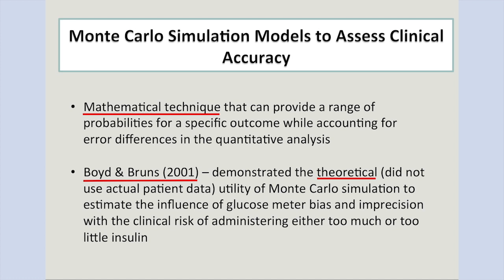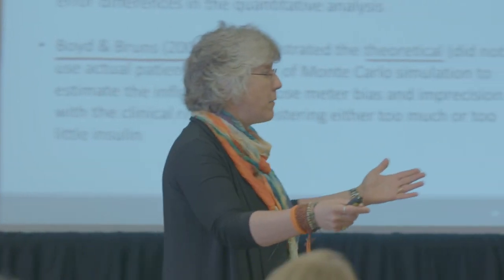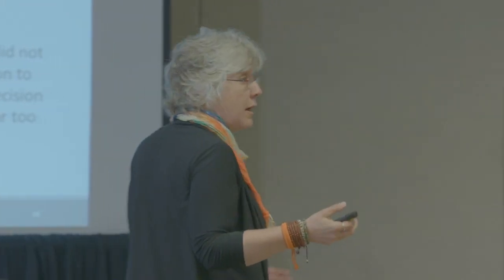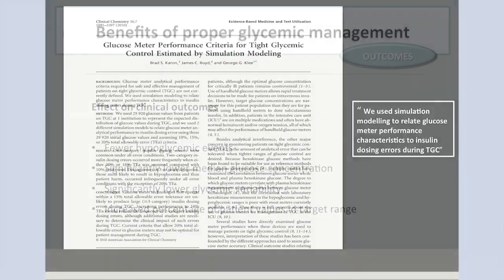What they were looking at was, if I have a glucose meter that has so much bias and so much imprecision, what is its effect on giving too much or too little insulin? Really important stuff, because that's where the rubber hits the road. If I'm giving too much insulin, my goodness, my hypoglycemic rates, I could have a problem. So I need to make sure that my glucose measurement is going to be appropriate.